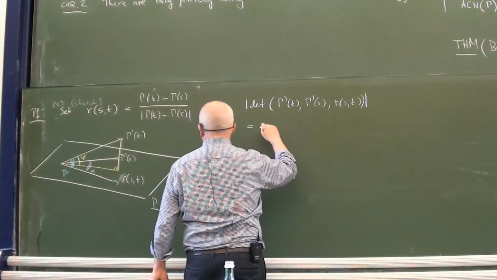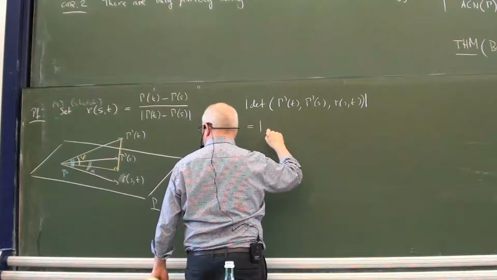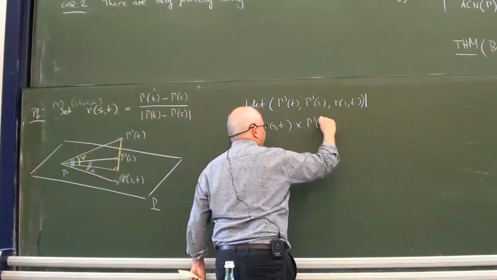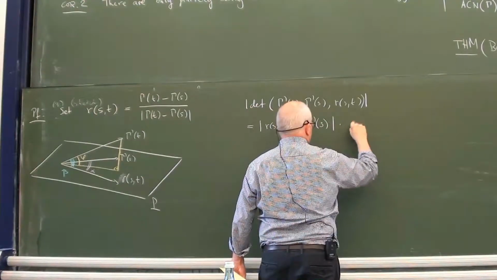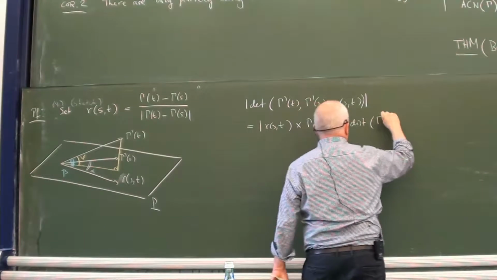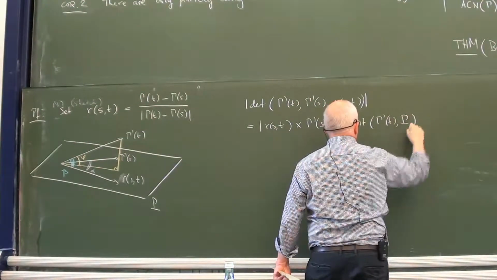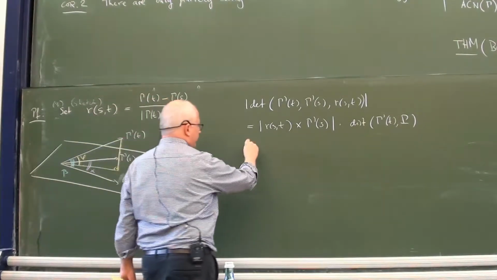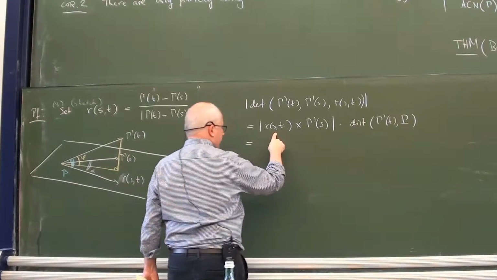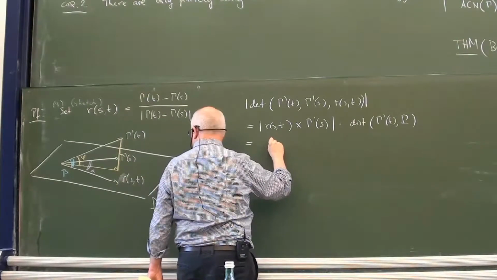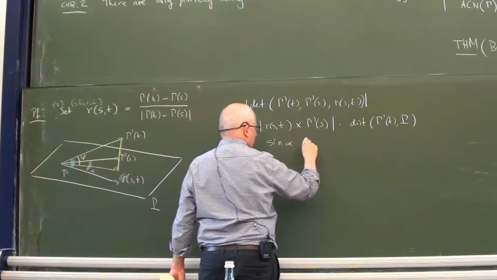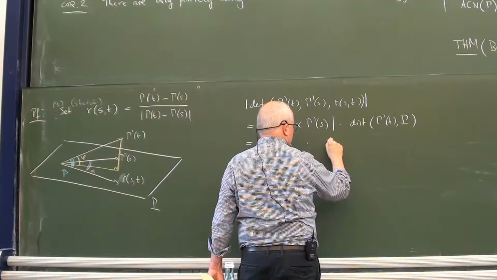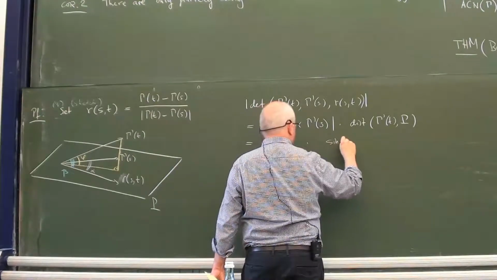This is the area of the base, which is the vector product of R_ST and gamma prime of s, times the distance from gamma prime of t to the plane P. Since I deal with unit vectors, the area of the parallelogram is just sine of alpha, and the second factor is sine of the angle phi.